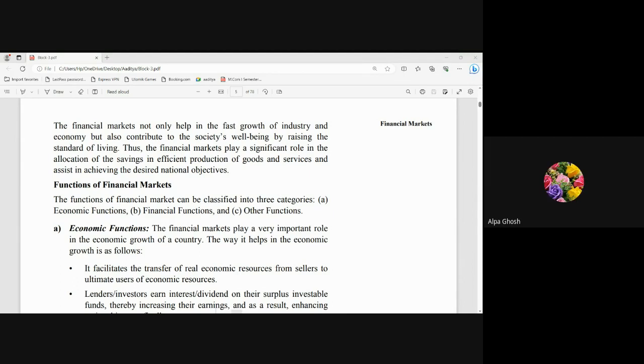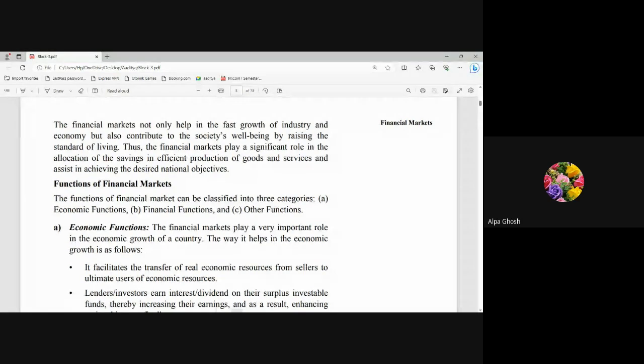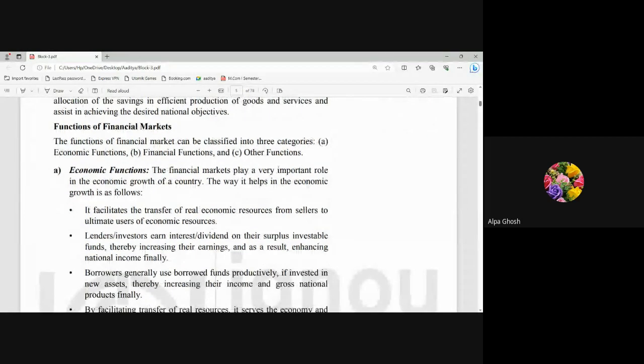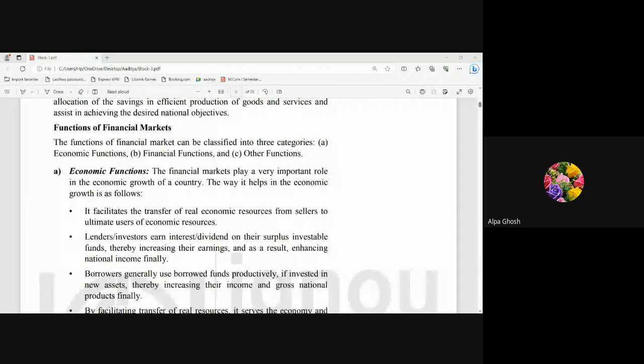Thank you. Okay. So now, if we start with the functions of financial market, what are the functions of financial market? First, we will be discussing the economic functions. The second, the financial functions, and other related functions.